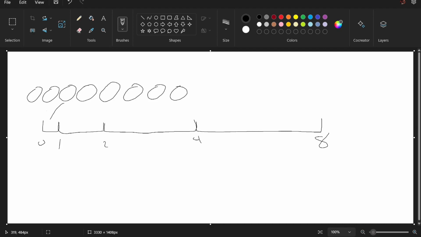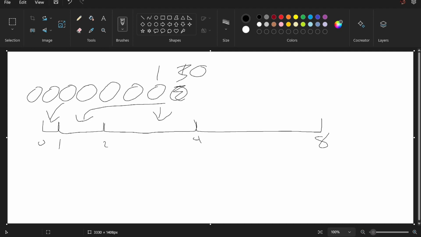This bin corresponds to the all zeros bin. If I change this to a 1, we'd be in this bin. If I change this to a 0 and this to a 1, we'd be in this bin, etc.